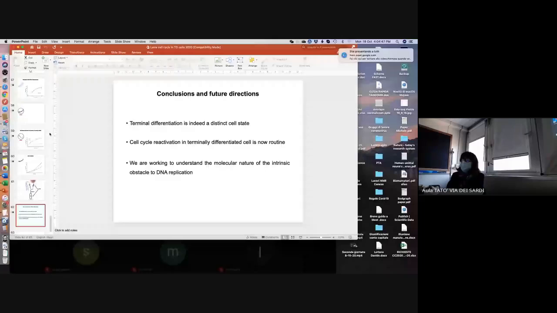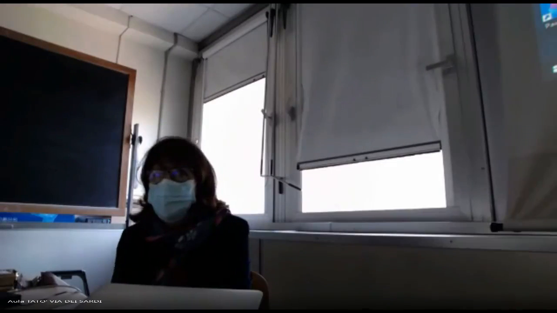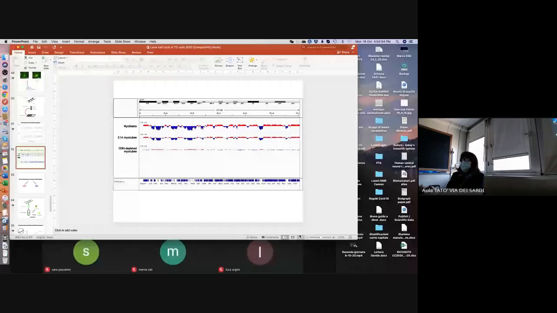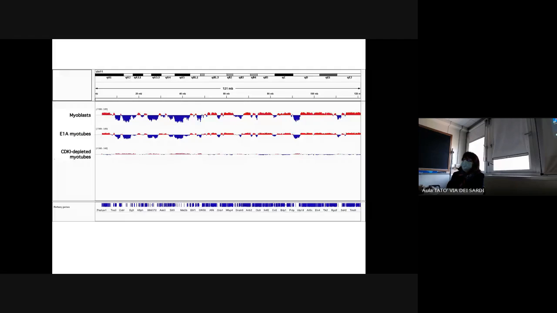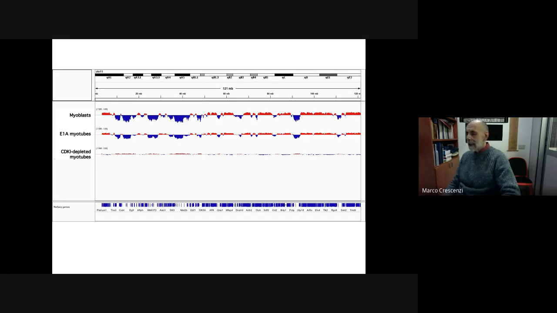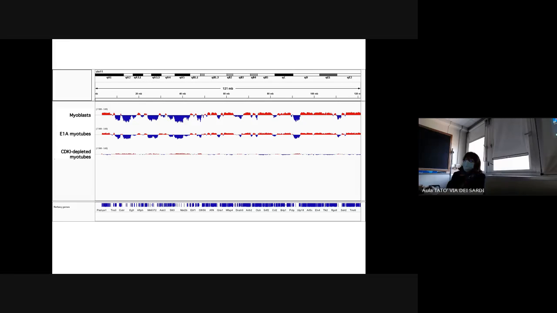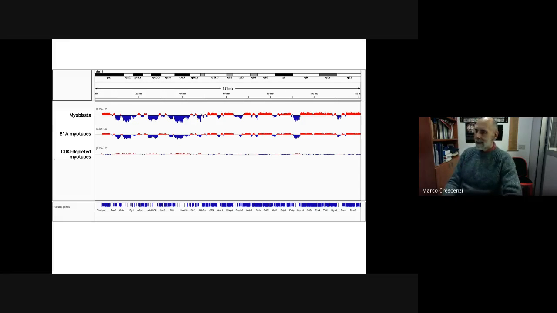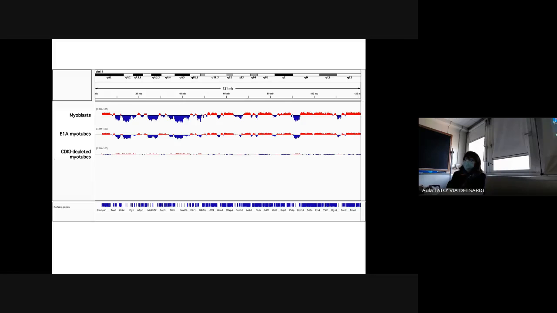Comment more on that. Do you imagine a possible scenario for what makes the difference between those two types of reactivation? Because in one case you are taking a more global approach to perturbing the kinase inhibitor system. In the other case, it's more targeted when you use E1A.